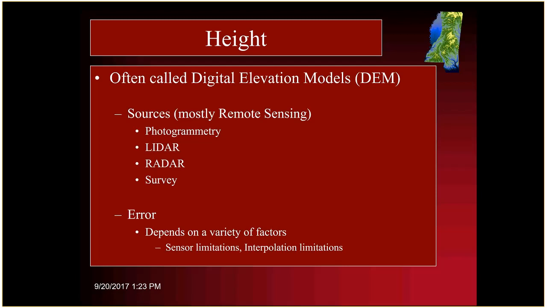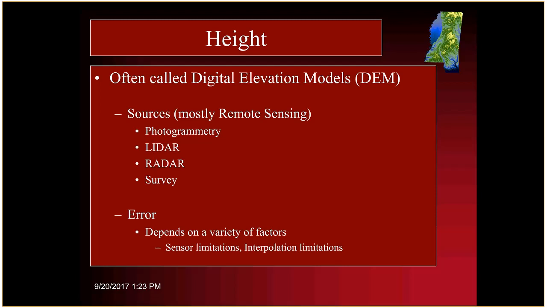It could have been the late 90s, but I'm pretty sure it was the early 2000s. They launched a space shuttle and put a radar instrument on it that collected elevation for most of the Earth, except for the polar regions, using interferometric radar, meaning that it was looking at the difference between two radar returns, kind of like how we use photogrammetry.